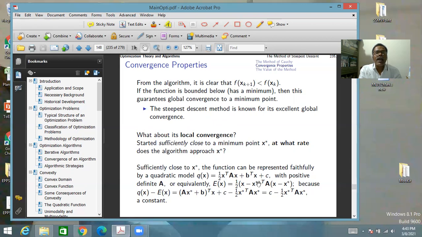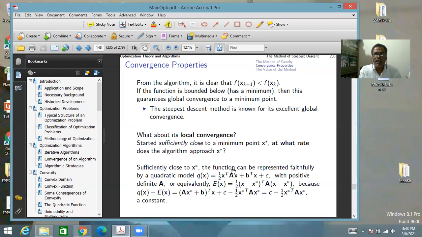Okay. And you can show this because q(x) minus e(x), just subtract these two. The quadratic terms in x are equal, so they cancel out. Linear terms from here b transpose x and from here x star transpose A x, they come together and make this, which is 0, because if x star is the minimum point, then this is the gradient, which is 0.